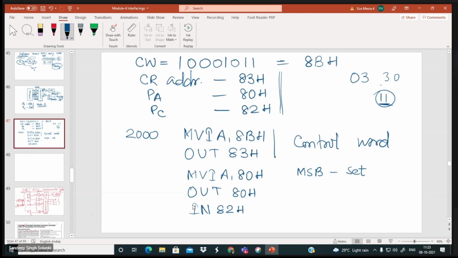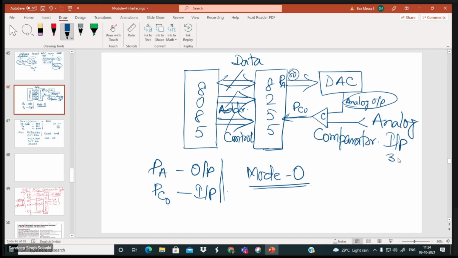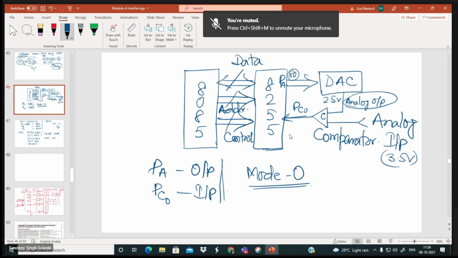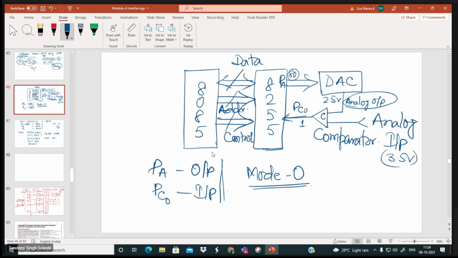Sir, please take an example, say around 3.5 volt of analog input, so that it will be more clear. Okay, let's say 3.5. And here, definitely for the 80, you will be getting 2.5 volt. So here it will be 1. Correct? Now you are getting?